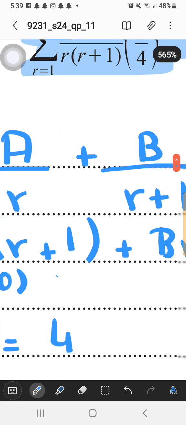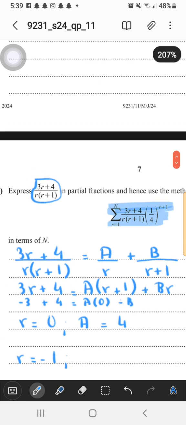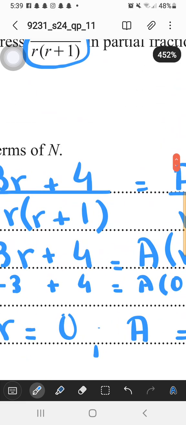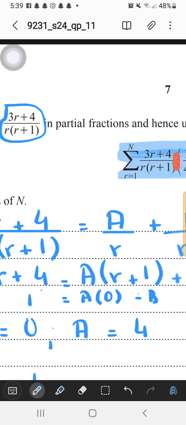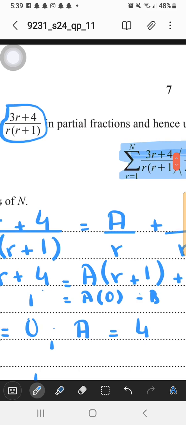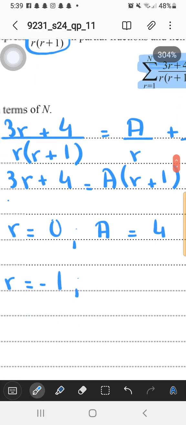And there is br, meaning negative b. So negative b is equal to 1, since -3 plus 4 becomes 1. It will become b is equal to -1. Okay, so write it, b is equal to -1.